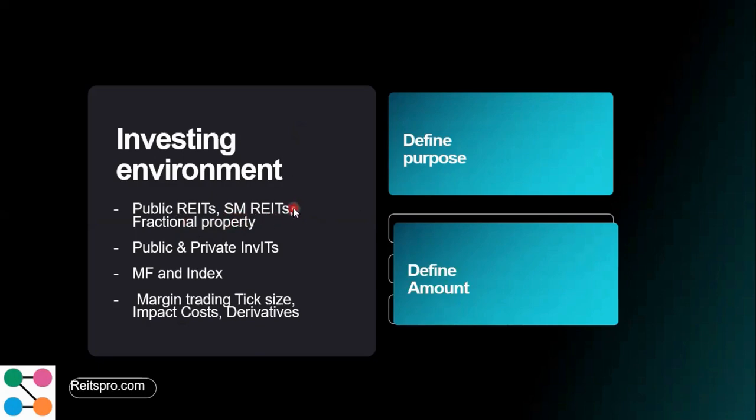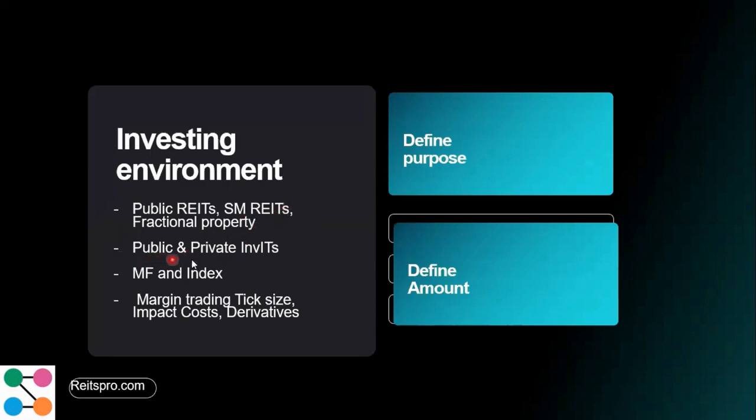SM REITs have just come in over a period of time, and then there is fractional property like Strata Prop and all, which you must be aware of, which is a different kind of investing. All these can happen through the financial instruments route. However, the public REITs are where the disclosures and the environment are probably far safer, is what we feel. However, the returns could be larger in the other 2.